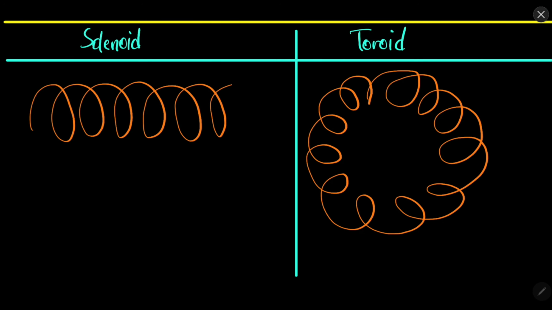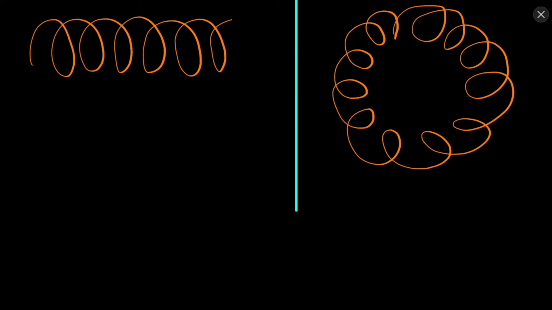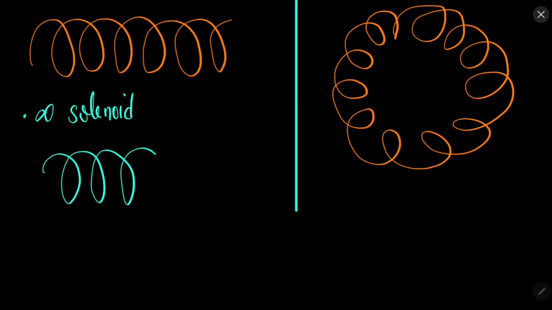A toroid and a solenoid are obtained by multiple turns of coils of a wire. Now if we have an infinite solenoid, if the solenoid's length is infinite, then the magnetic field inside the solenoid can be given by a particular formula.